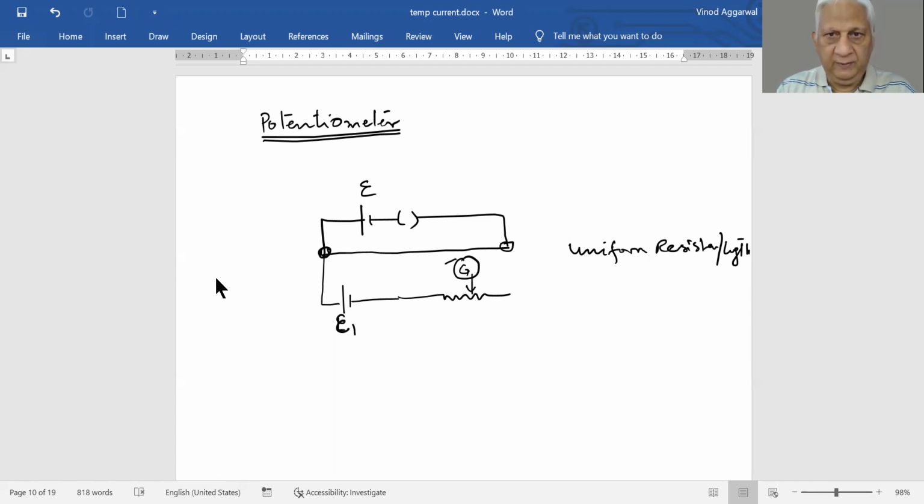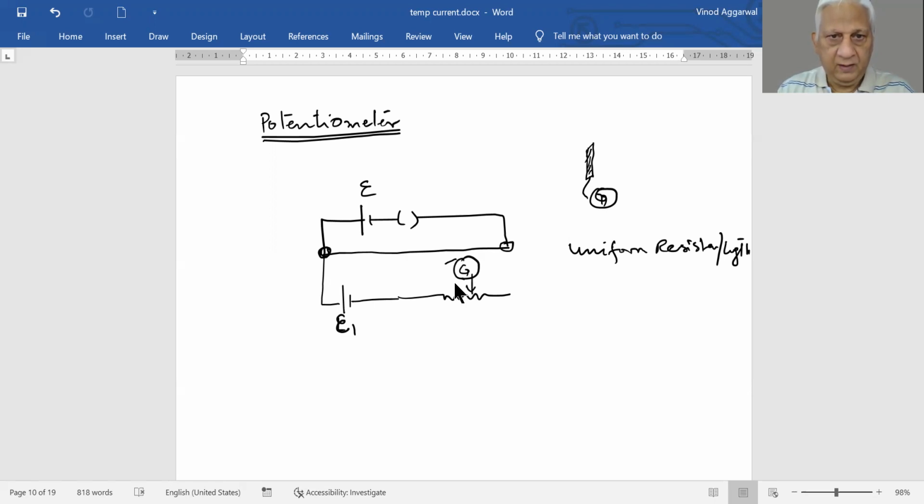A jockey is normally this kind of solid piece of metal. Then you attach the galvanometer to it as shown here, and you try to search on this wire where the galvanometer stops showing deflection.